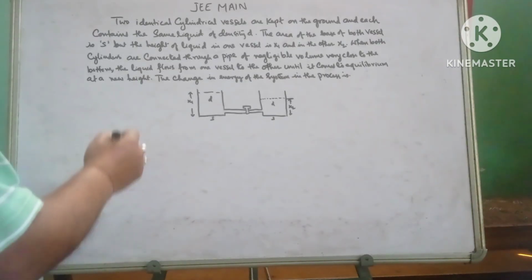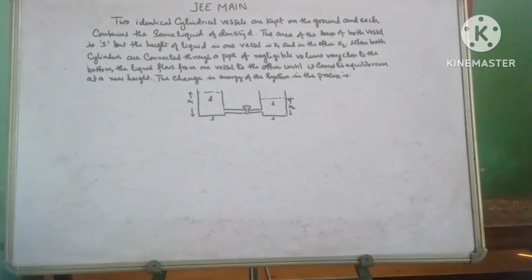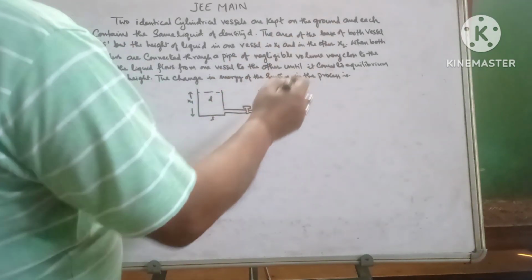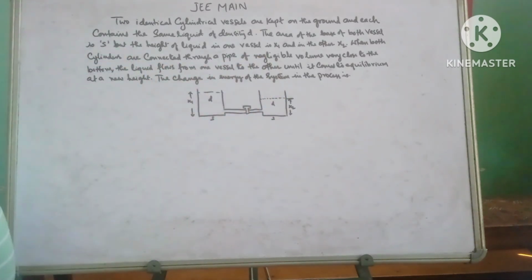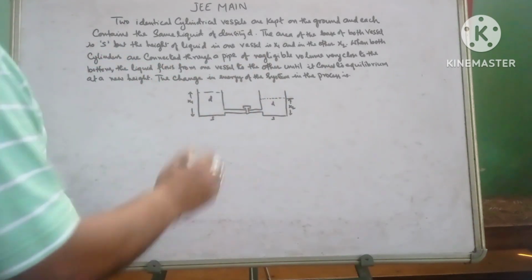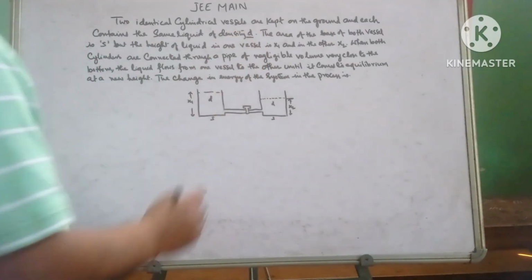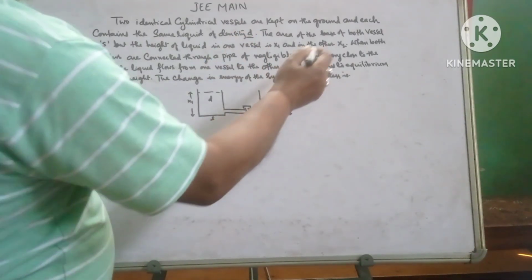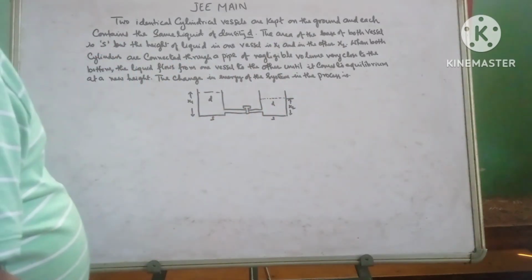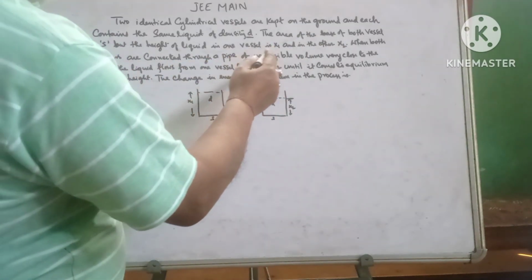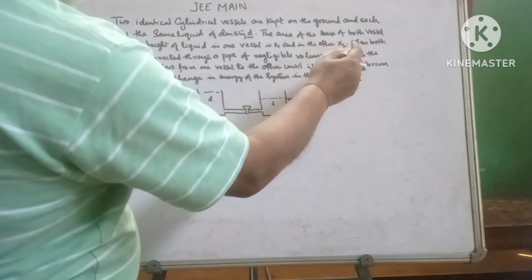Now the next question is: two identical cylindrical vessels are kept on the ground and each contains the same liquid of density D. The area of the base of both vessels is S, but the height of the liquid in one vessel is x1 and in the other is x2.